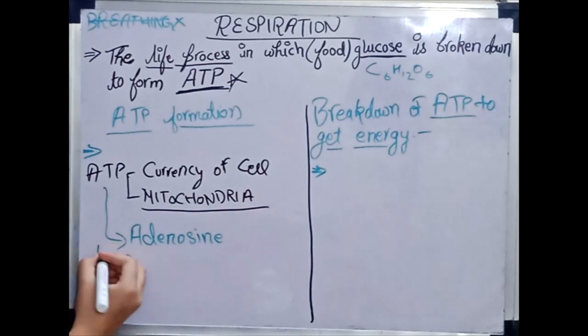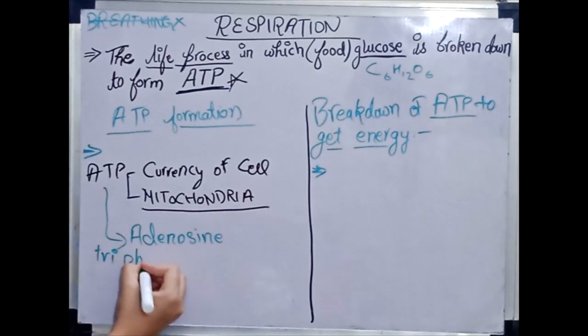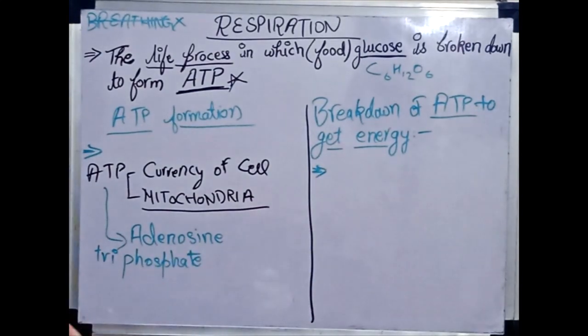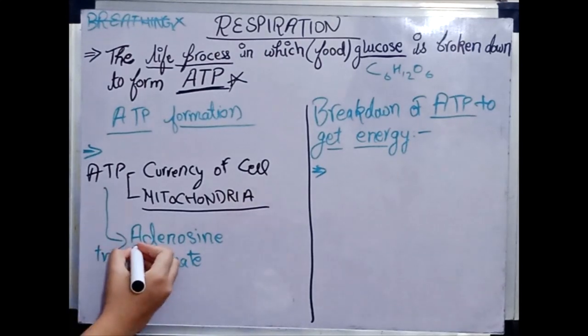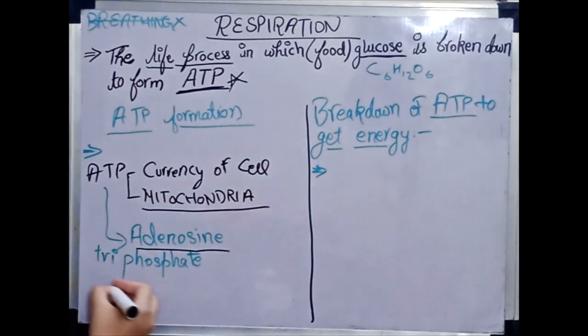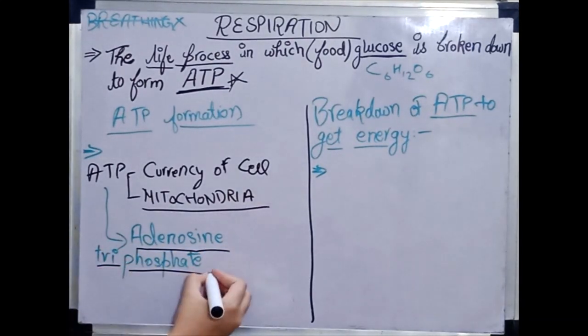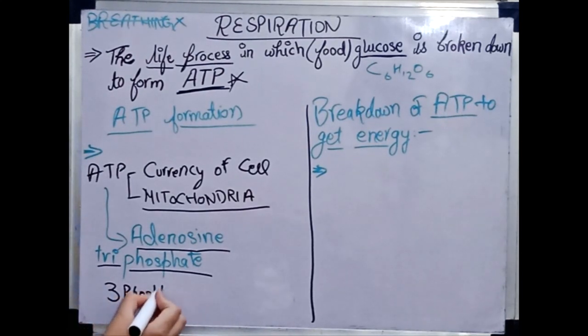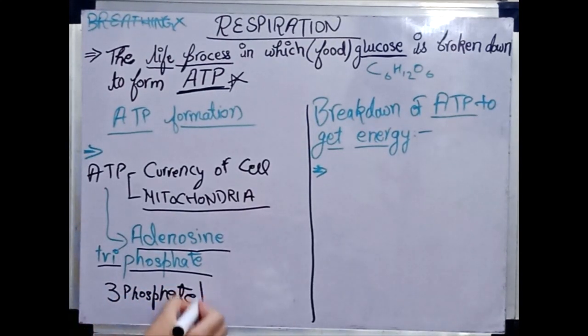Why confuse you all? Triphosphate. Adenosine triphosphate. Triphosphate basically means 3-phosphate. That is what it actually means.